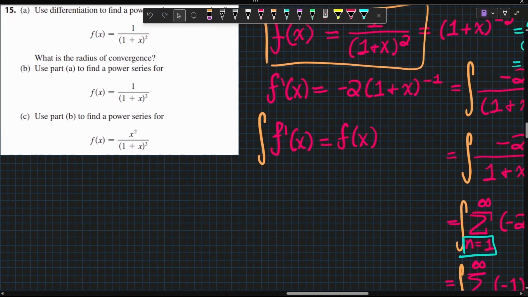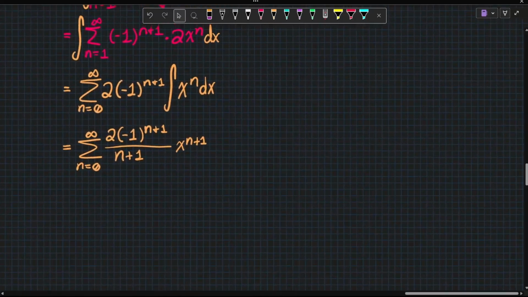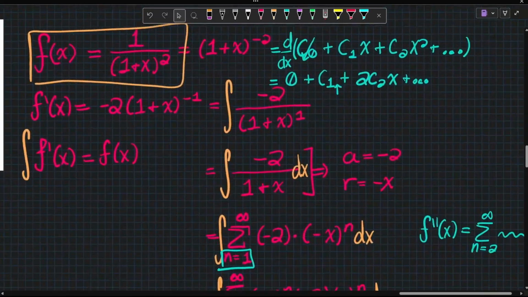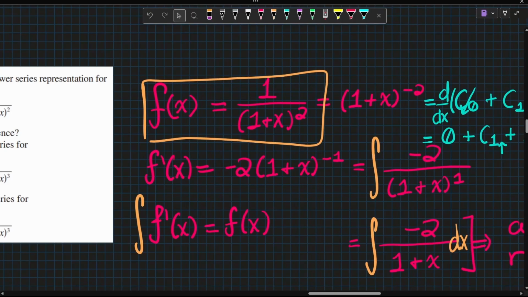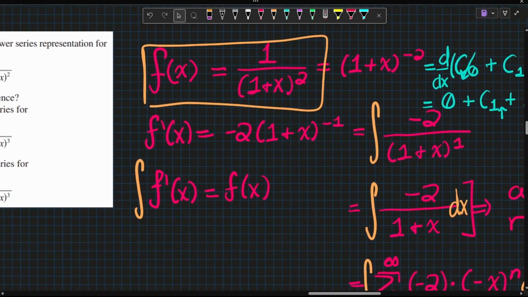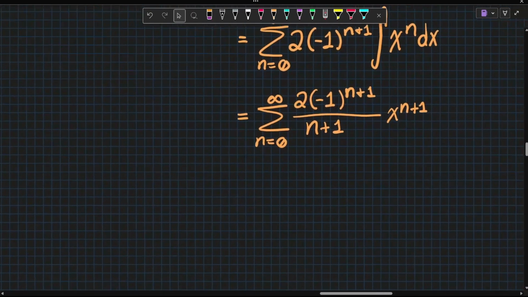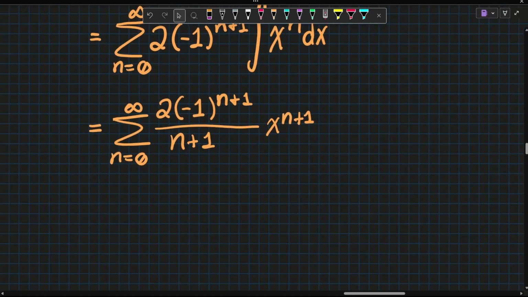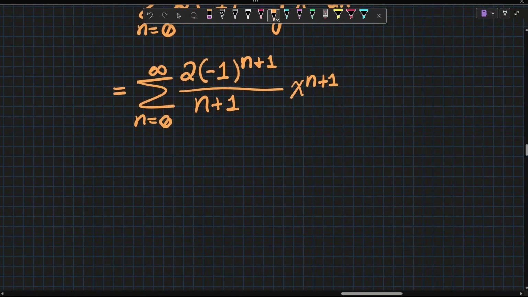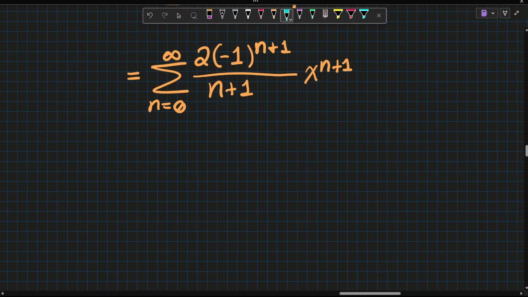Okay, now they also asked for the radius of convergence for this one. As you should know, when you take the derivative or the integral of any function, the radius of convergence stays the same. But since we have this function, we can find the radius of convergence anyway. So let's do that.